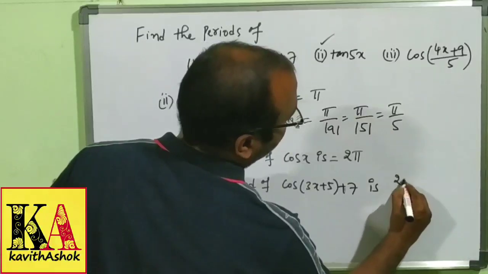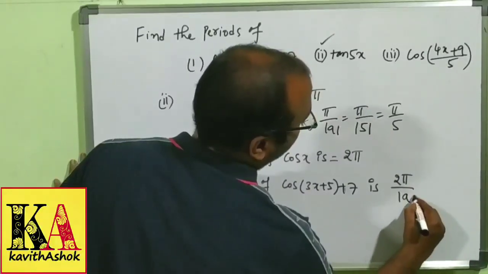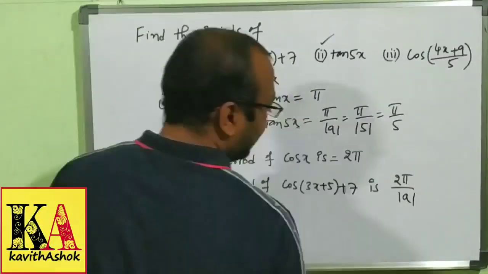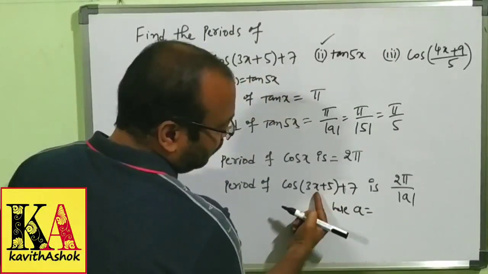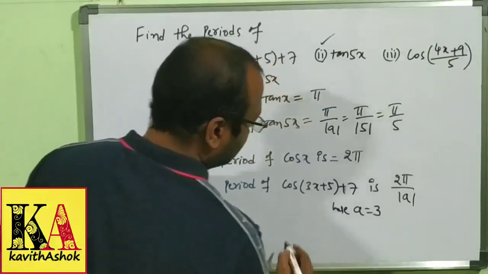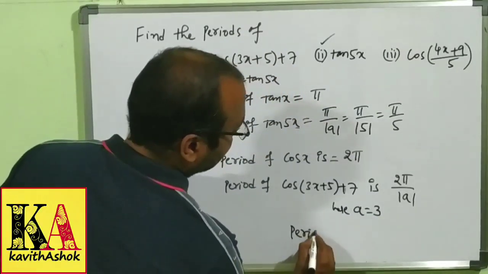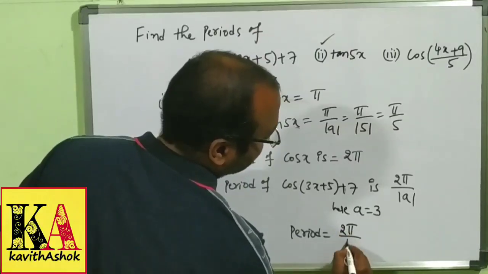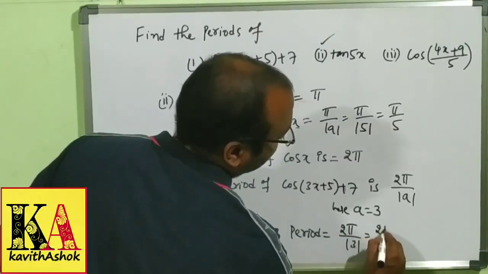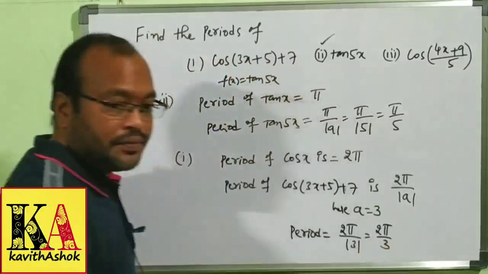First we will take 2 pi by mod a according to the formula. What is a here? Here a is the multiple of x, so 3. So the period is 2 pi by mod 3, which is nothing but 2 pi by 3. Like this we can calculate.